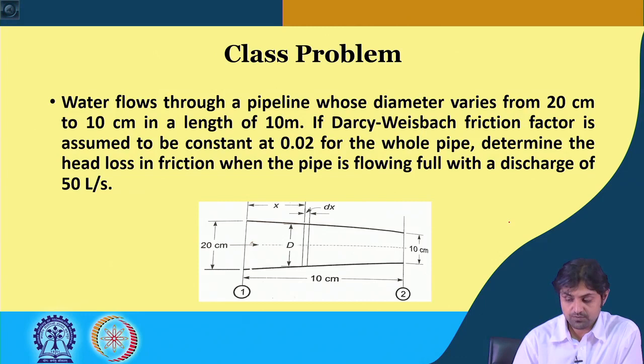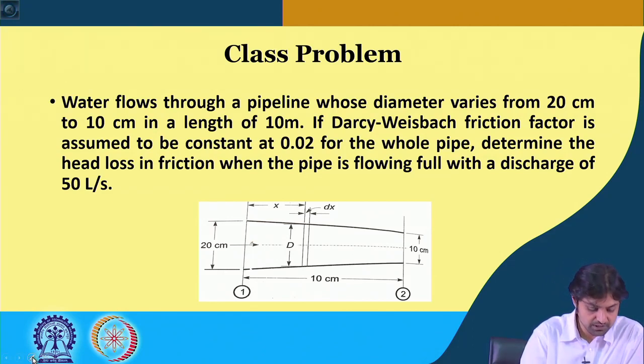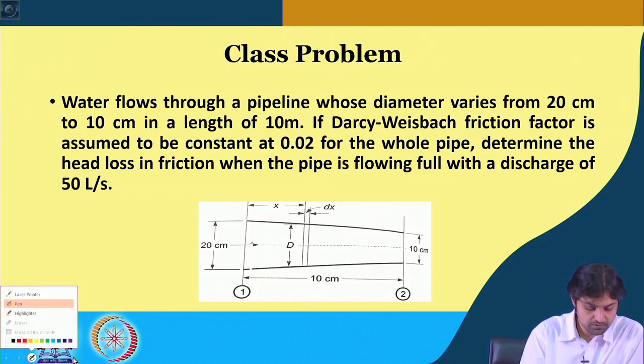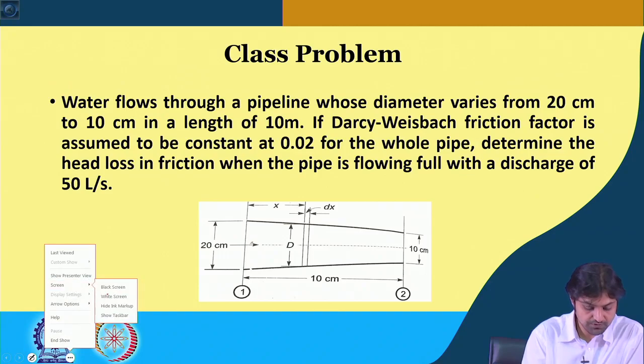If the Darcy-Weisbach friction factor F is assumed to be constant at 0.02 for the whole pipe, determine the head loss in friction when the pipe is flowing full with a discharge of 50 liters per second. So, we are going to solve this question.